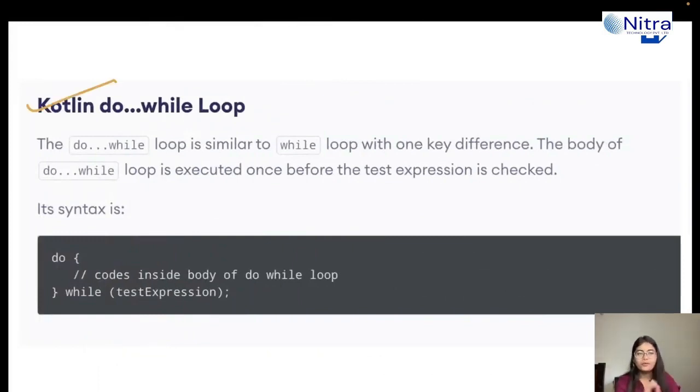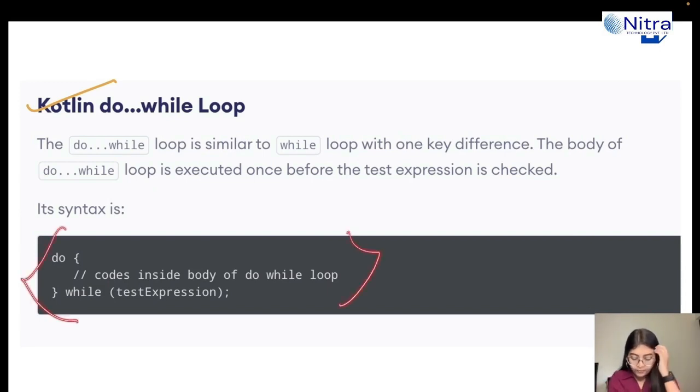Moving ahead, now we have another important thing. After the while loop, we have the do while loop. This is exactly the same as the while loop, with a few changes here and there. The do while loop is similar to the while loop with one key difference: the body of the do while loop is executed once before the test expression is checked. You will understand this once you see the syntax.